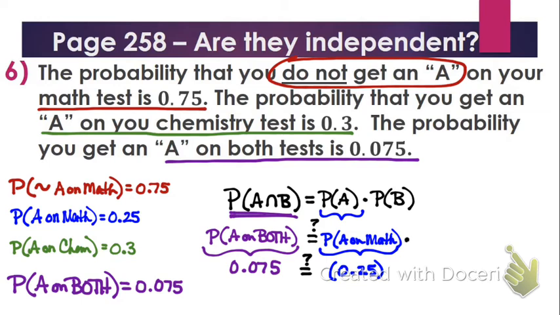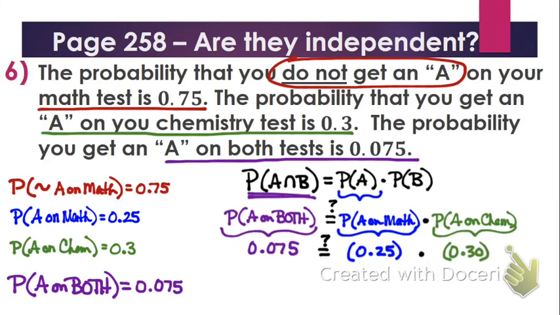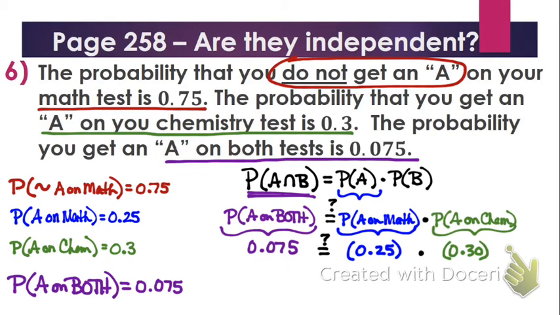Multiplied by what? 30%. The probability that you get an A on your chemistry test. So we're going to multiply those two together. And what did you discover? It's the same number. So what does that mean? There's no relationship. They are independent of each other. Independent.